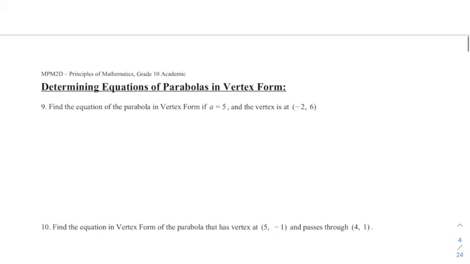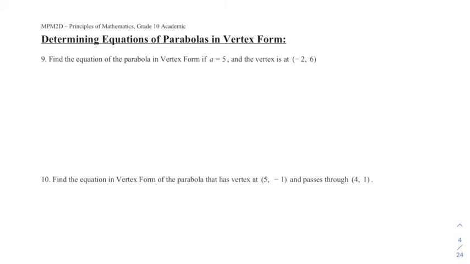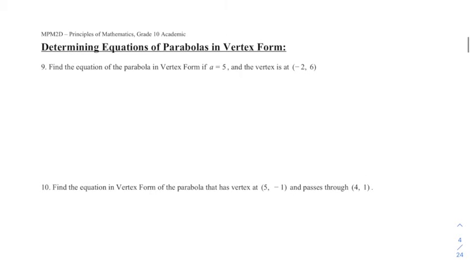Do up to this page. I want you to pause the video, give all those other questions a try. When you come back, you can unpause the video. I'll display my answers and you can look through your work, and then we will continue by starting here with determining equations of parabolas in vertex form. Okay, so pause the video now and I will see you in just a minute.